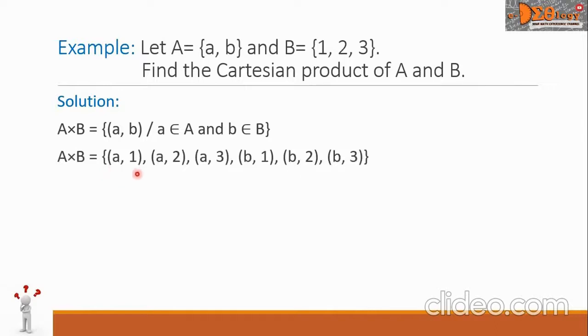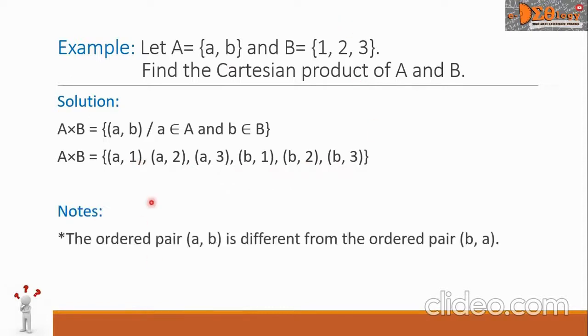The first element is a1, second is a2, third is a3, fourth is b1, fifth is b2, the last is b3. So we take the first element from set A and the second element coming from set B.